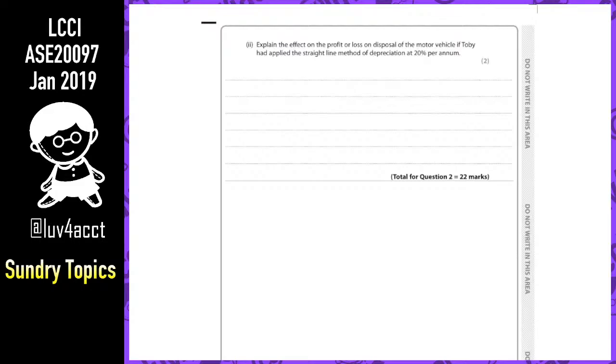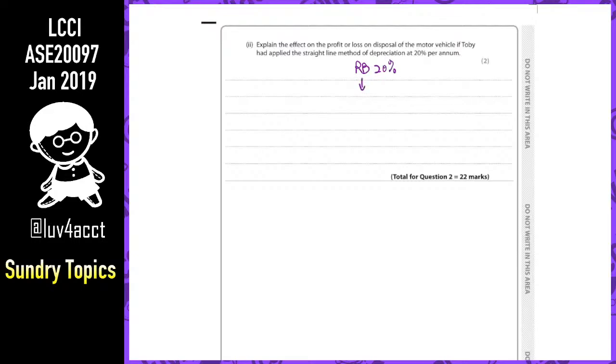Okay, this question is interesting. We have to think carefully. Now we are applying the reducing balance method at 20%.